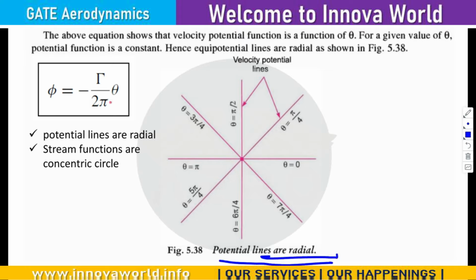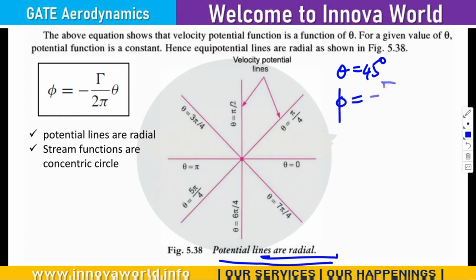Now in a similar way, you can find it for a different theta. Put that in the value. If theta has to be 45 degrees, then substitute that over here.